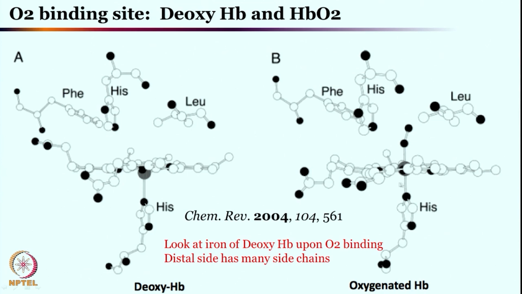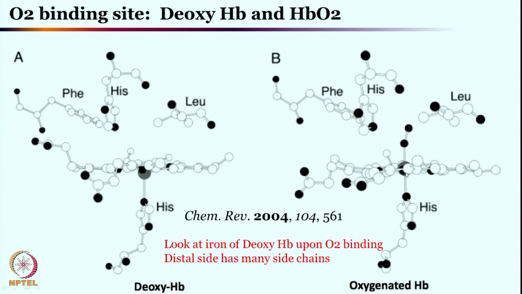As you have seen in the case of cytochrome P450, here it would be cysteine. Now this cysteine thiolate will help in breaking the oxygen bond in the hydroperoxo OOH that is being formed.